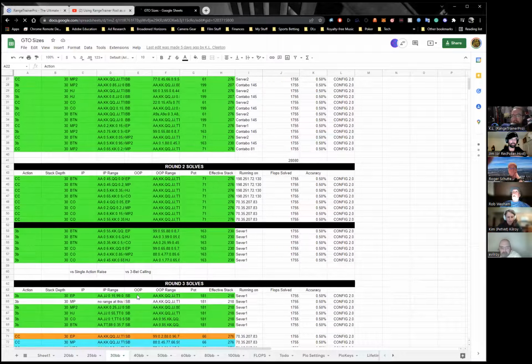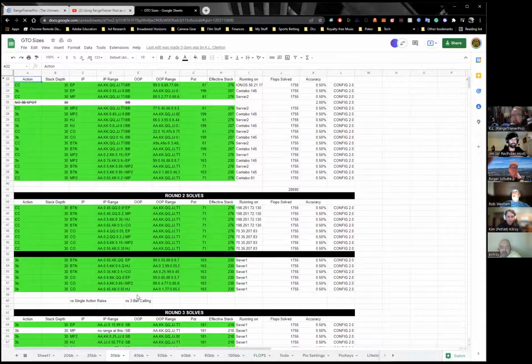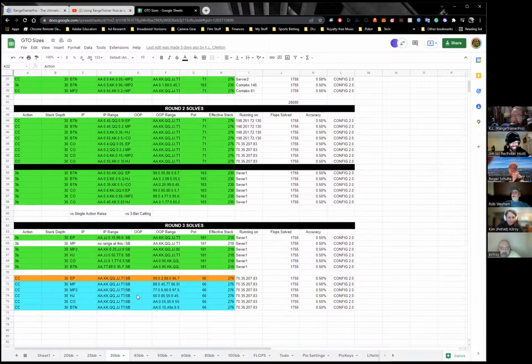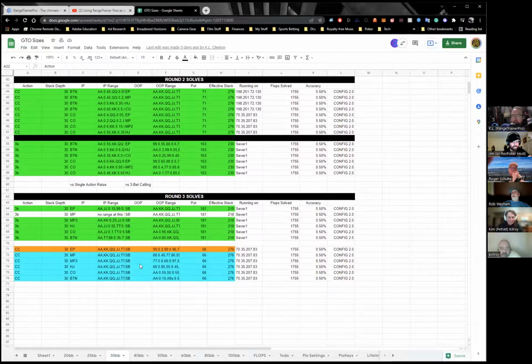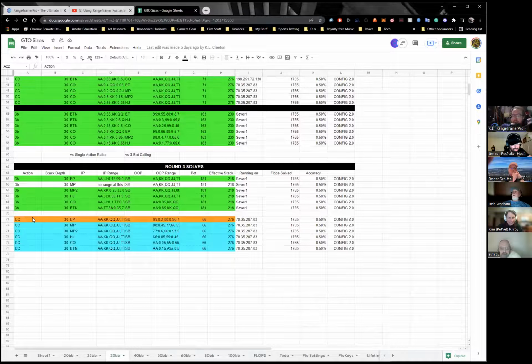It's going to look kind of like a cluster to you guys, but I promise it makes sense to me. If you can see right down here, these are the small blind stats on 30 big blinds, and the orange indicates that it's currently being solved, and the blue indicates that it's in queue to be solved.